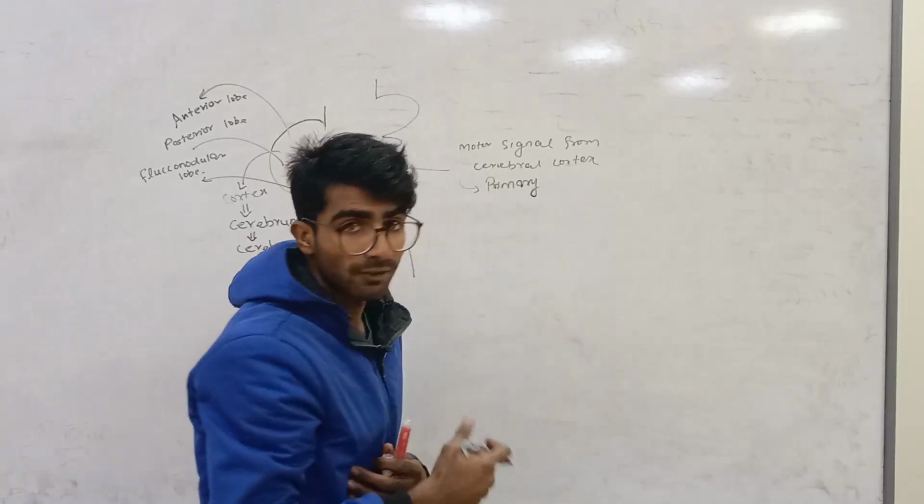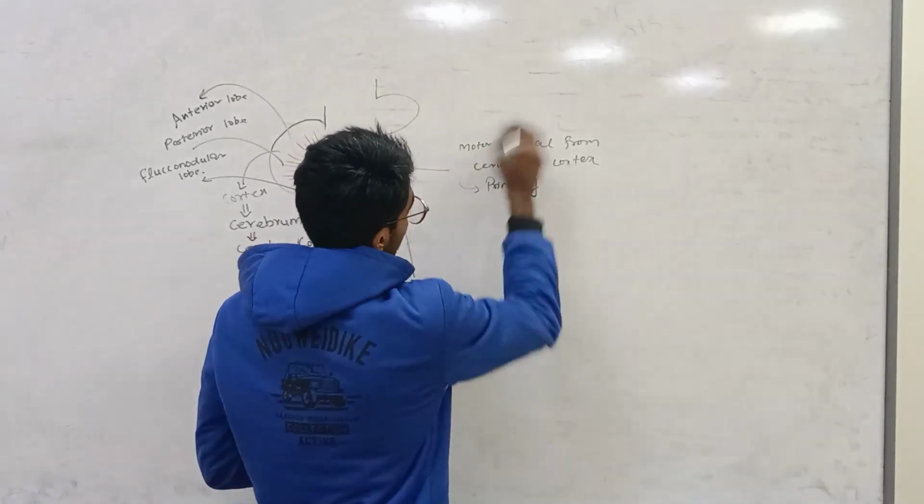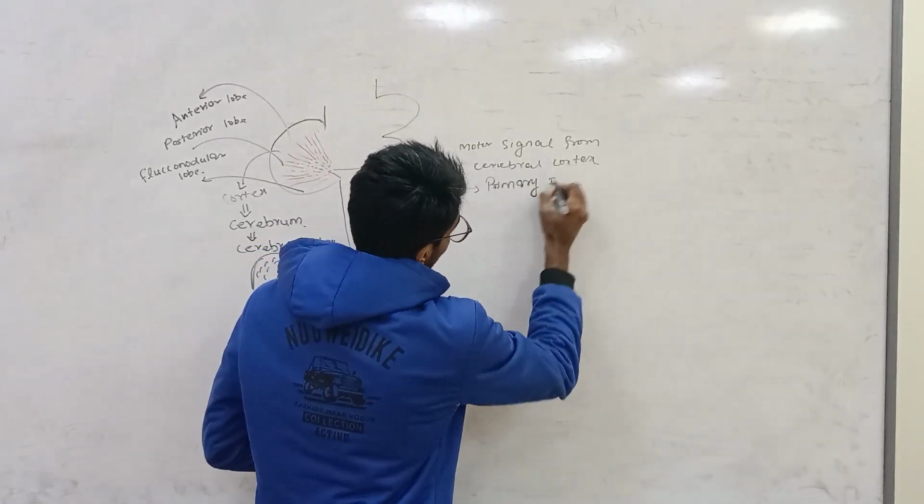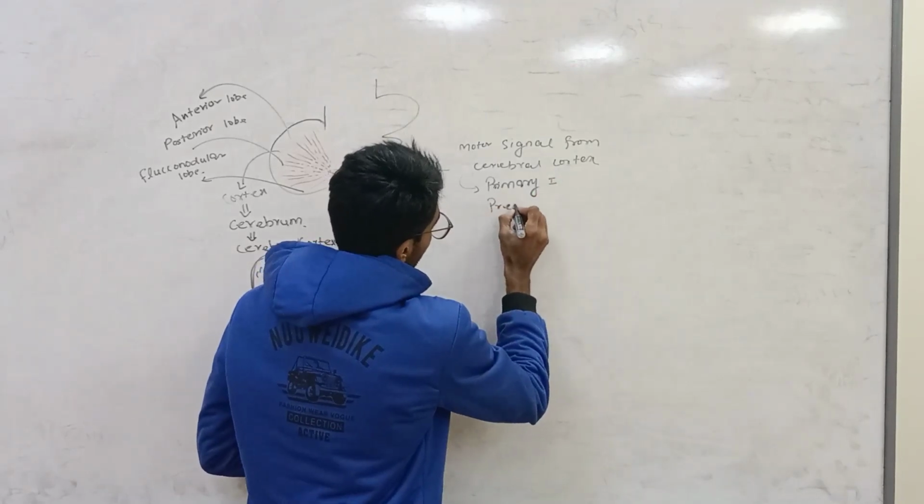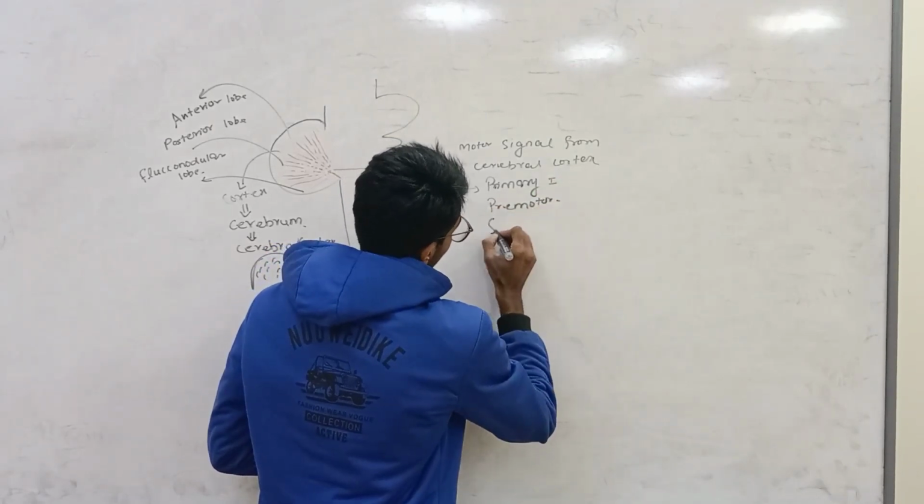In the previous lecture, we also discussed the structure of the motor area: primary, premotor, and supplementary area.